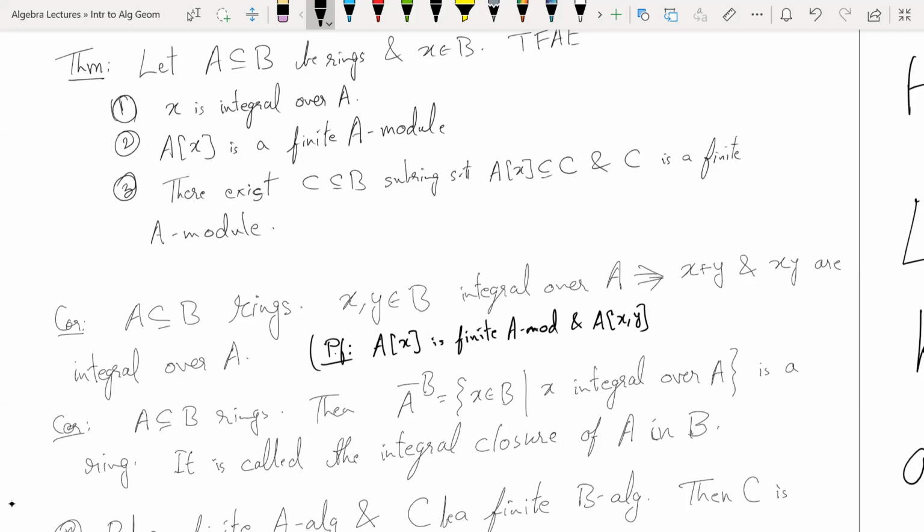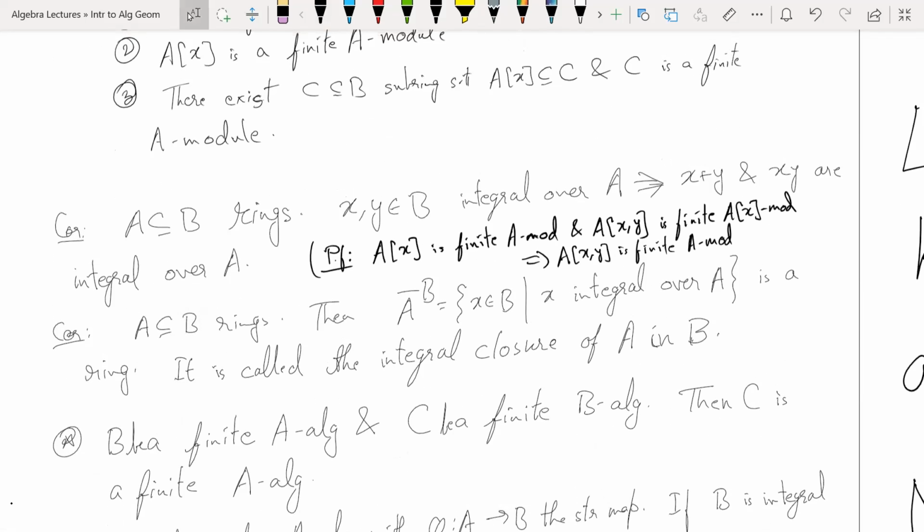So this subring generated by x and y, A[x,y], is a finite A[x]-module. So these two together imply that A[x,y] is a finite A-module.